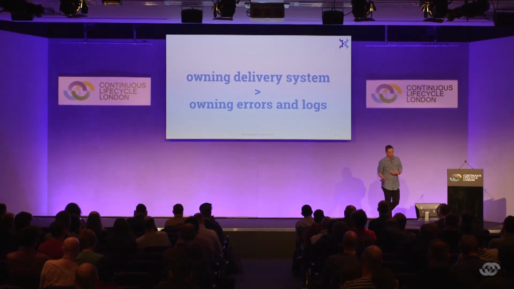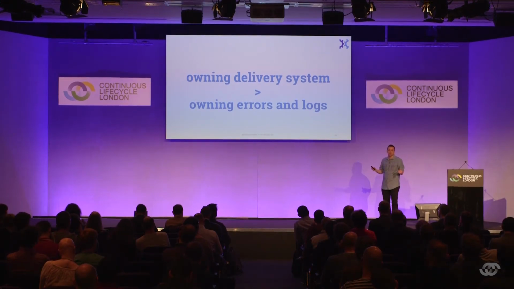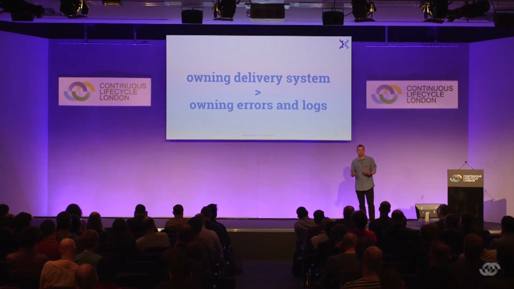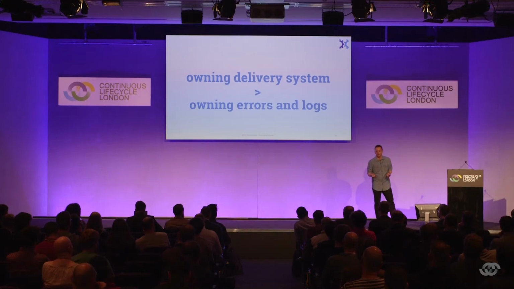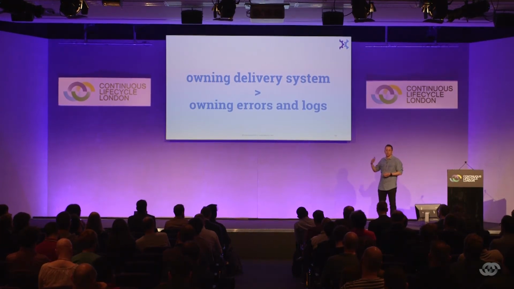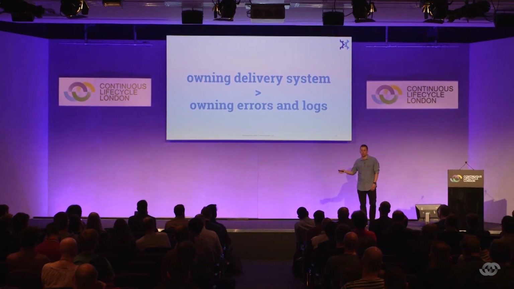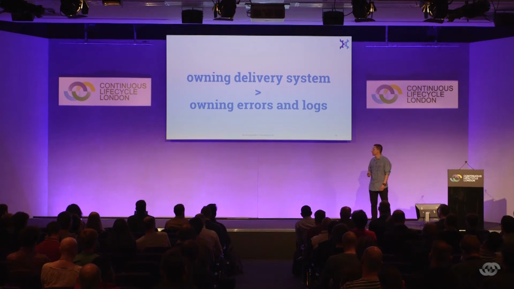So you can have different ways. You can have shared ownership where everyone feels like if the delivery system is not working, it's my responsibility to focus on that. That's the first priority, and see how I can help. Similar to the continuous integration idea that if a test fails in the pipeline, that should be my top priority to fix the test or help get the tests passing again.